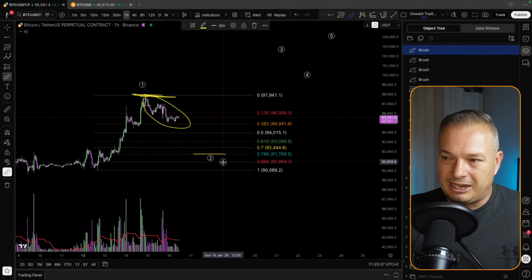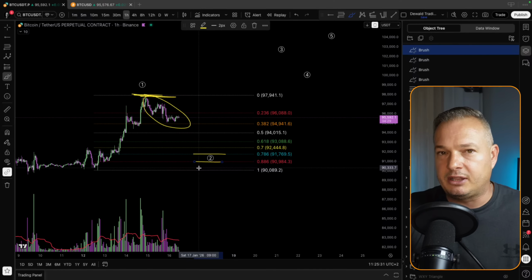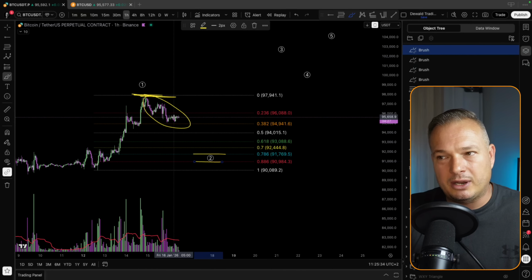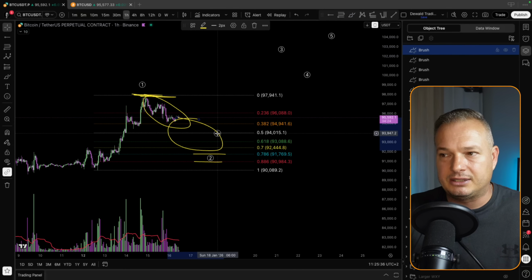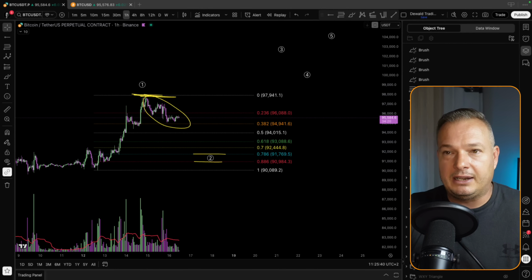As soon as you start claiming the 0.88, then probabilities are starting to shift towards the bears. So you really want price to find support in this zone. But the hardcore invalidation is that the bulls should not take this low.